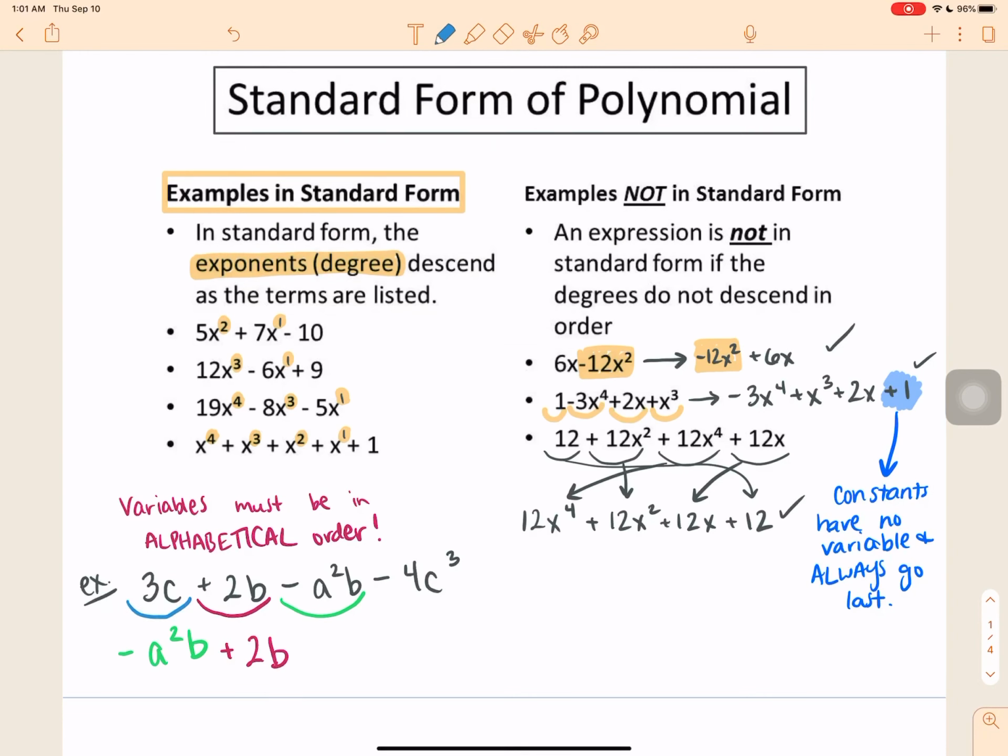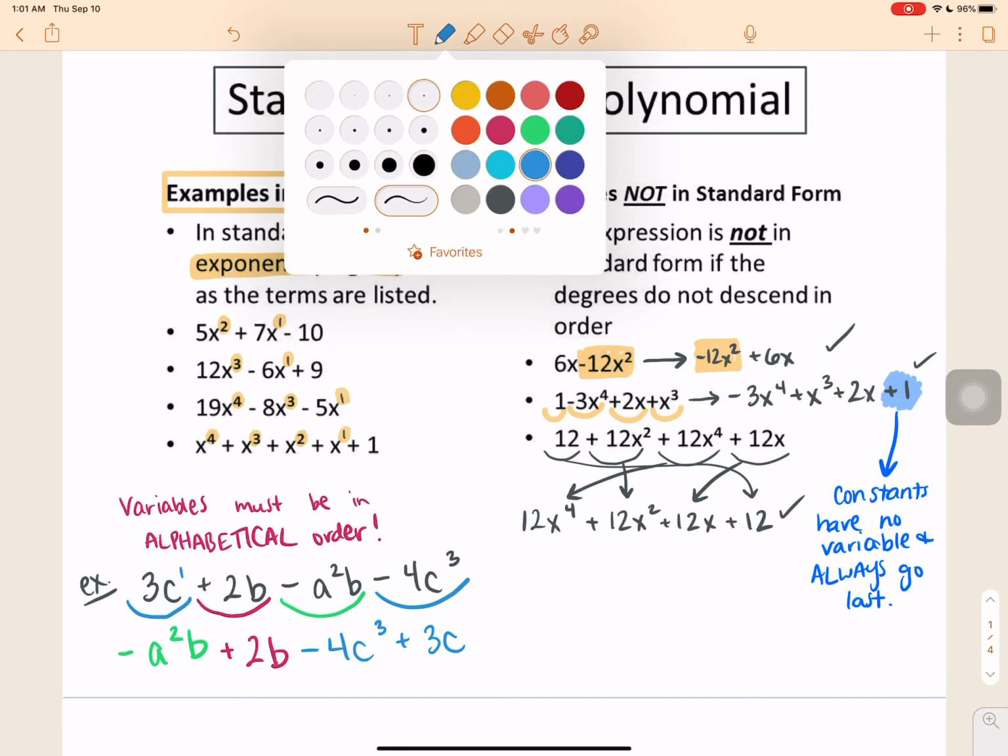But that's not the only term with the variable C. I also have negative 4C cubed. So which one needs to go first? I have to list the highest degrees first in each polynomial in order for it to be in standard form. So negative 4C cubed needs to go first because that exponent 3 is higher than this exponent of 1. So then plus 3C will end my polynomial in standard form.